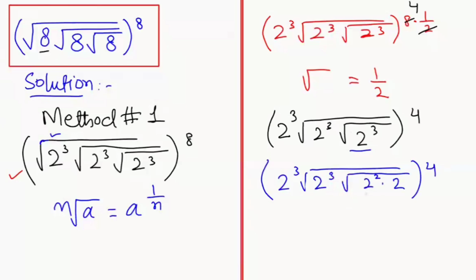And now we're going to solve this. So 2^3 √(2^3 and then this will be equal to 4 times 2)))^4. Now this will turn to 2^3 √(2^3 and then the root of 4 we have, that is 2√2)))^4.